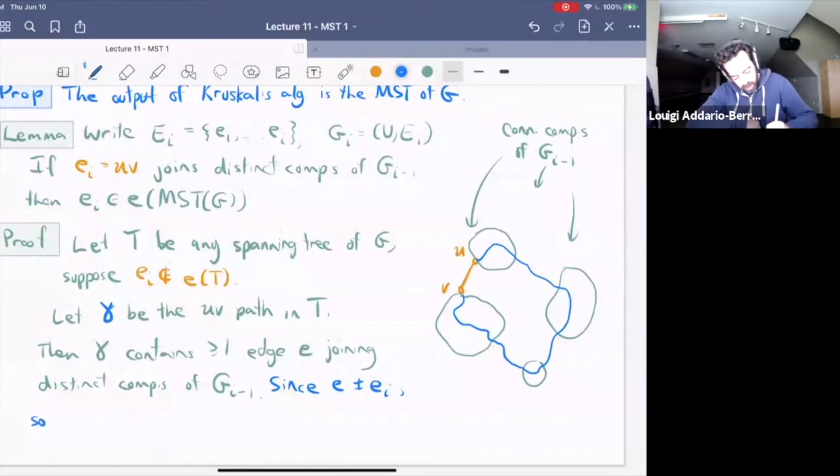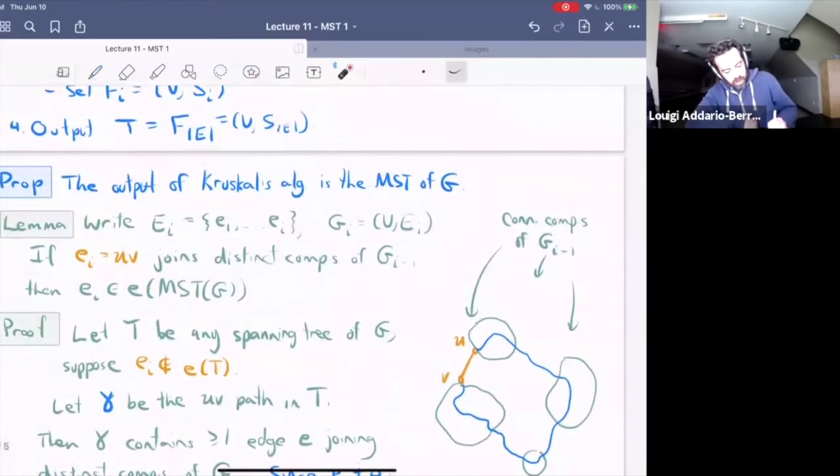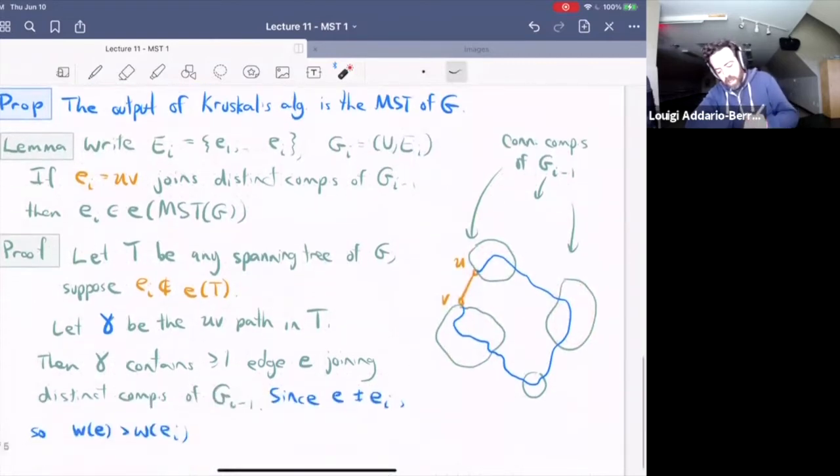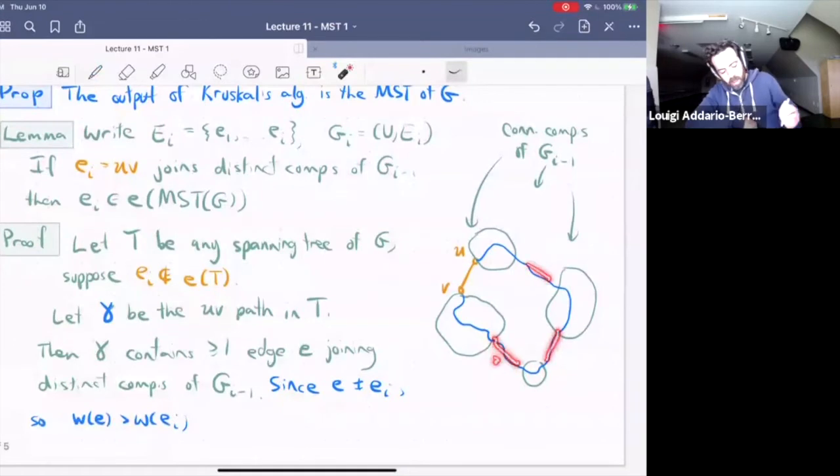So that means that the weight of E is bigger than the weight of EI, because the edges are in increasing order of weight. Inside of these blobs, that's GI minus 1, we've added all the edges E1 up to EI minus 1. Then we have EI, the next smallest weight, and then all the remaining edges joining distinct components have higher weight, right? And so that means that, again, we can swap out in order to get a tree of smaller weight.